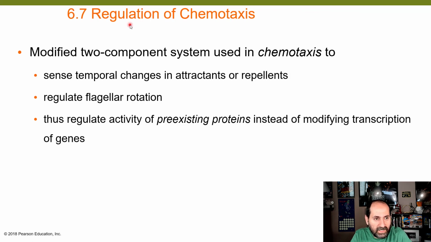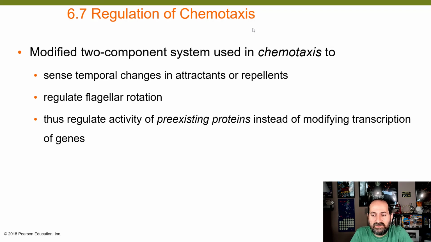So how do cells, for instance, regulate chemotaxis? You remember earlier we talked about chemotaxis and other forms of taxis. This is directed cell motility, where a cell can move towards an attractant or away from a repellent.